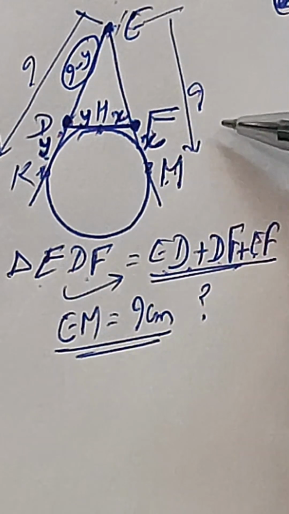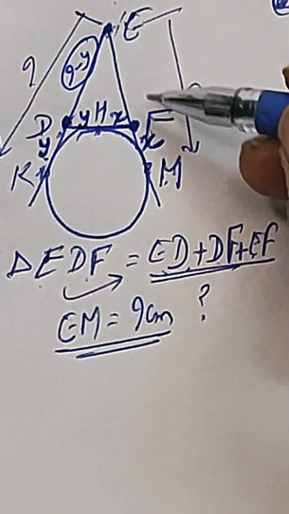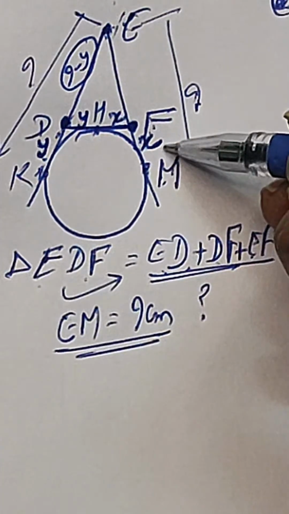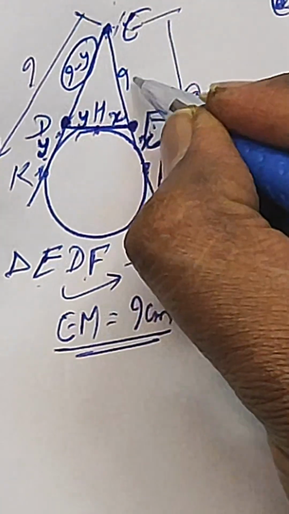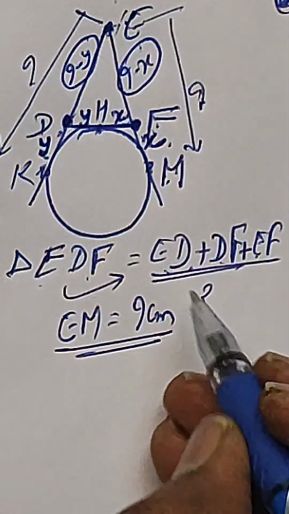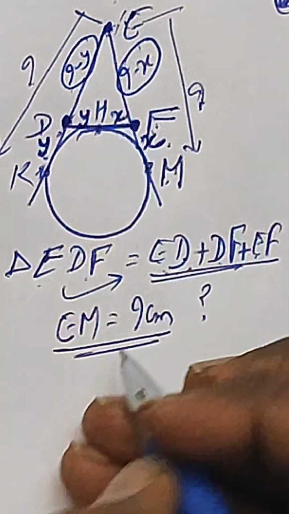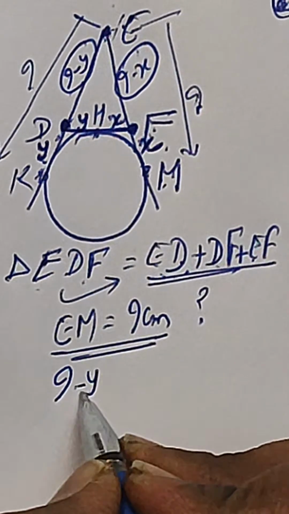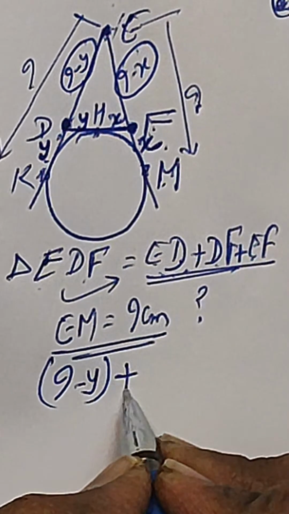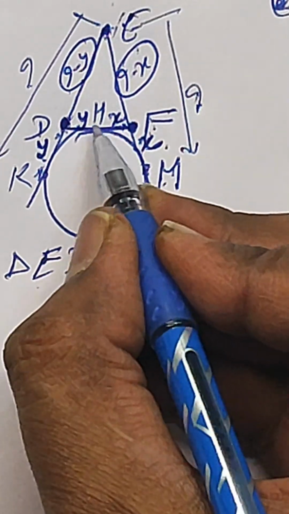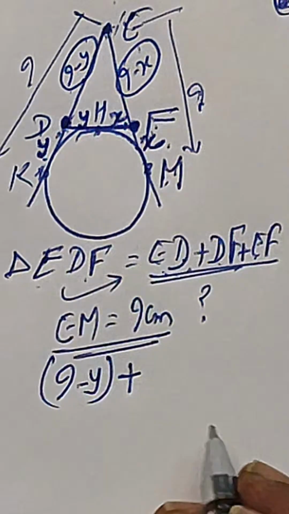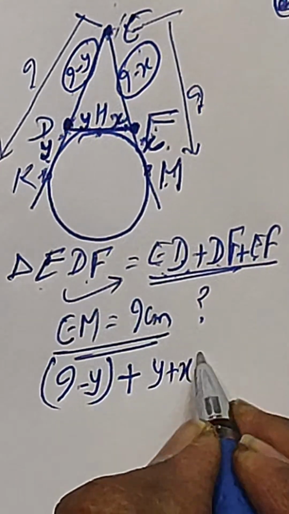Similarly, if EM is 9, then EF is nothing but 9 minus x. So instead of ED, what we will write? 9 minus y. So it will be 9 minus y plus DF. DF is what? y plus x.